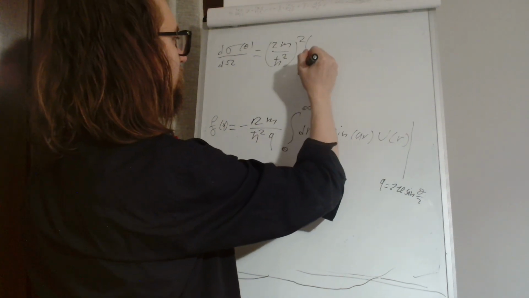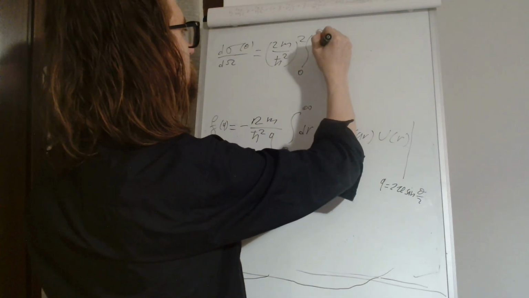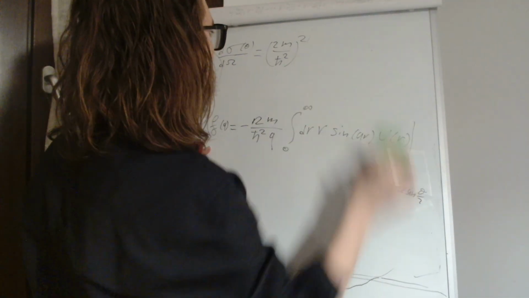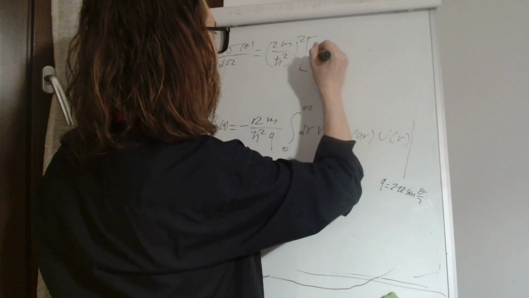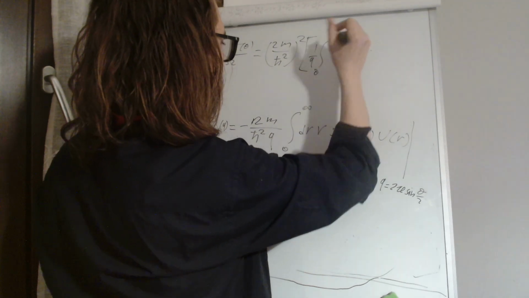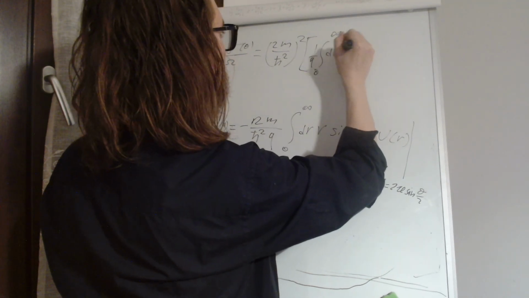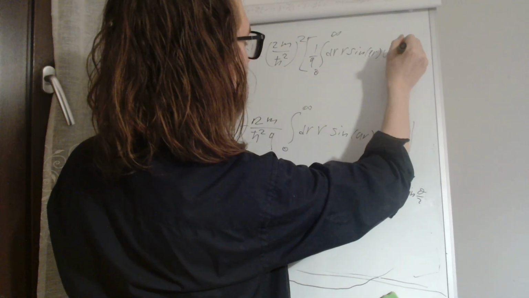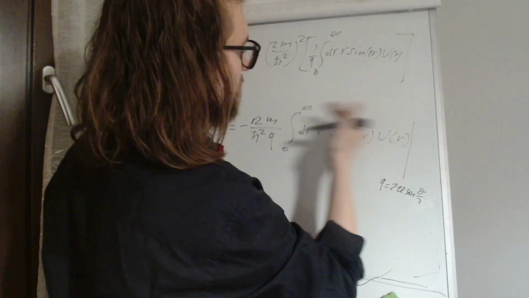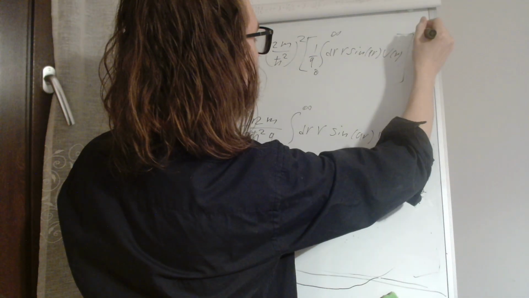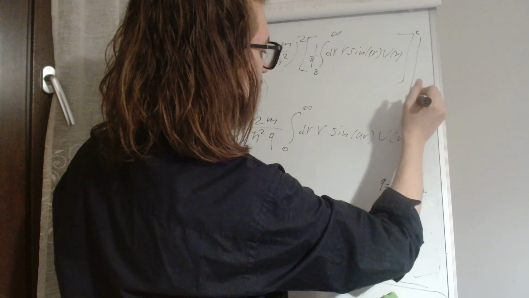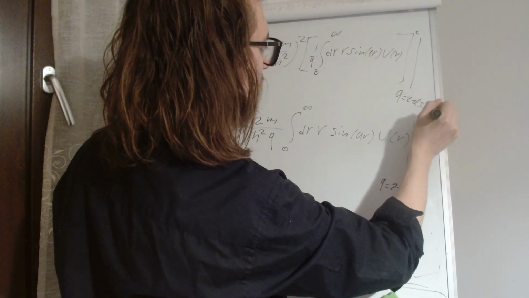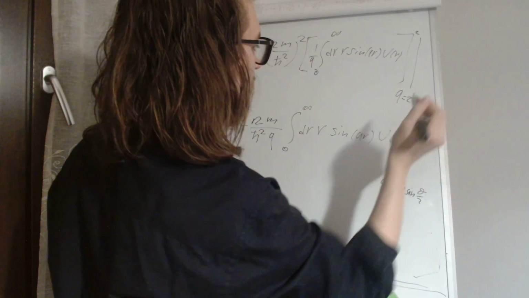So we have dr, let's write the q out, from 0 to infinity of dr r sine of qr u of r, simply squared, at q equals 2k sine of theta half.